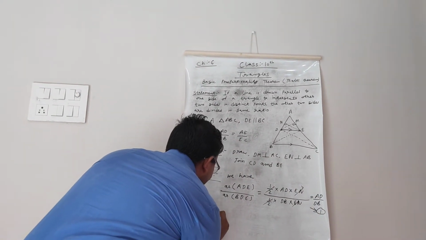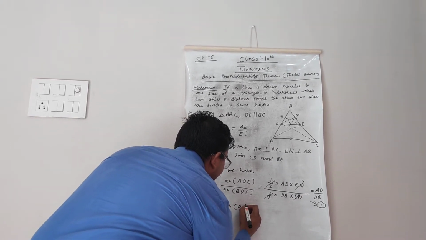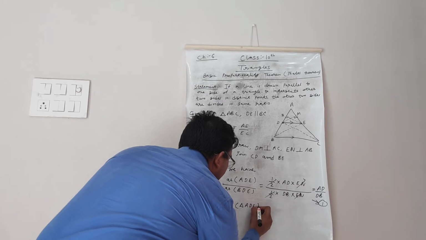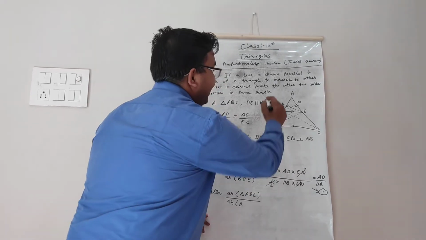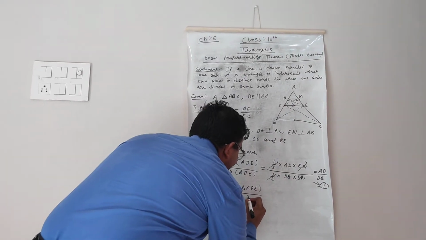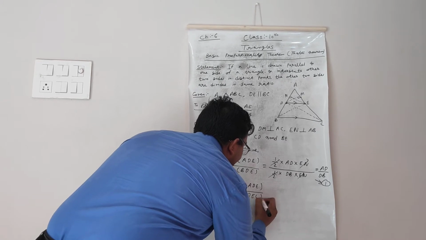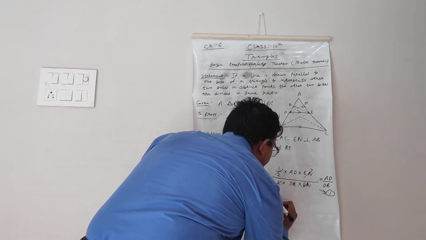Also, we are taking the area of triangle ADE, as I told you, upon the area of triangle DEC. Now I am taking this side, triangle DEC. We have to apply again 1 by 2 base into height.